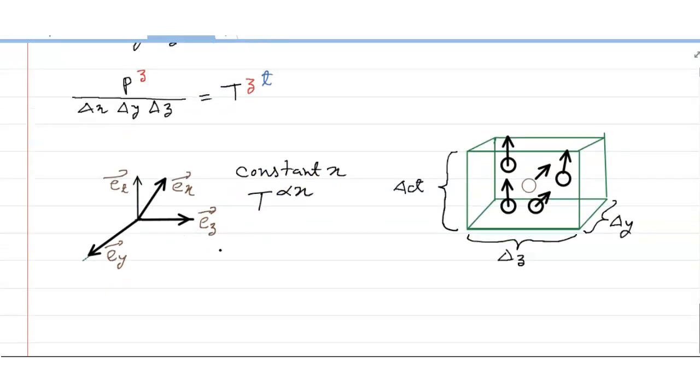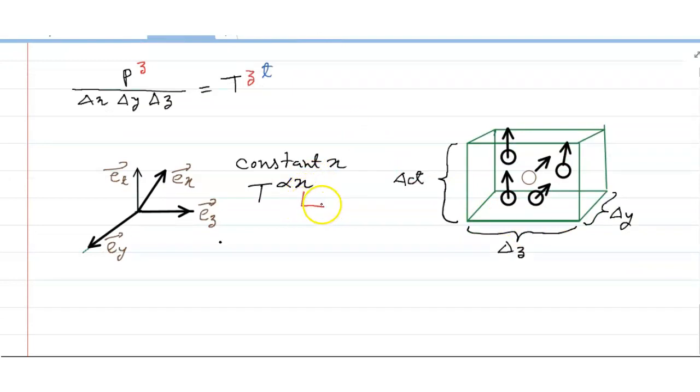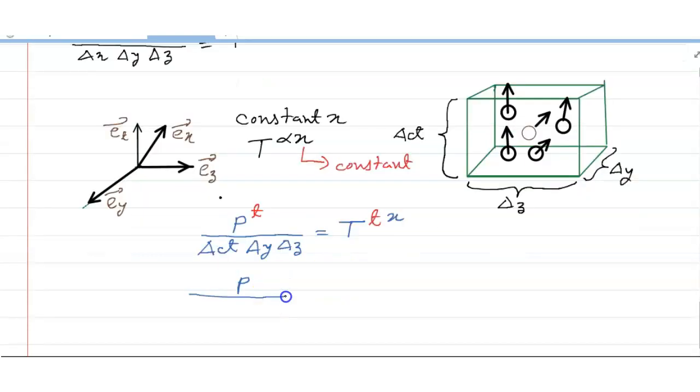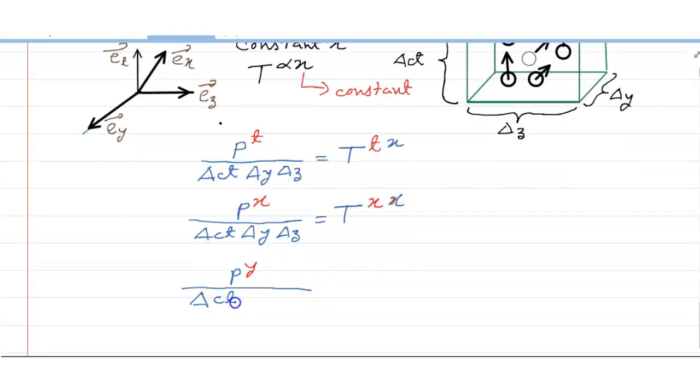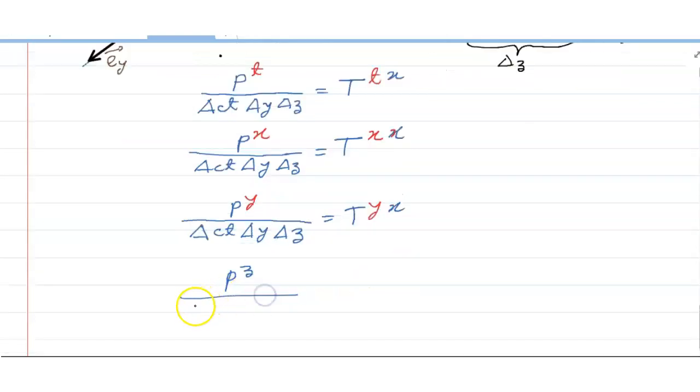So here x is constant: p t divided by del ct del y del z equals T tx, p x divided by del ct del y del z equals T xx, p y divided by del ct del y del z equals T yx, p z divided by del ct del y del z equals T zx.